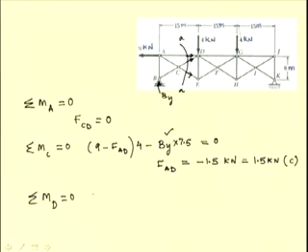So, the equation is the moment of this reactive force By is minus By times 15, and since this is a clockwise moment about D, it is a negative quantity. The moment of this 9 kilonewton force about D is 0, the moment of these two forces is also 0. The moment of this force FCE is not 0.